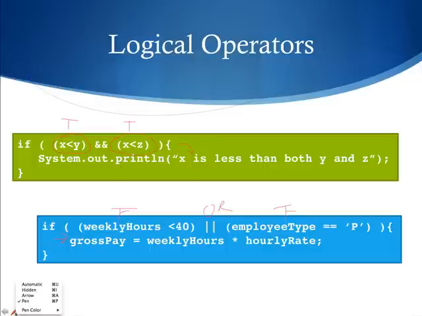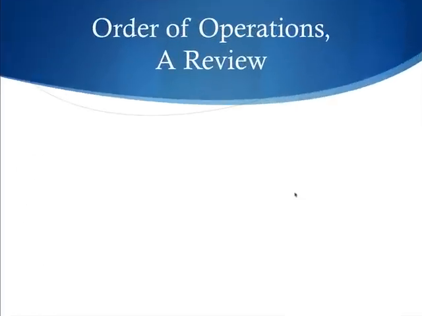So, like I said, you could be 40 hours and P, and it would evaluate to true. You could be P and 50 hours, and it would evaluate to true. You could be under 40 and S, and it would evaluate to true. So that's the big thing. Or only one side has to be true. With and, both sides have to be true.